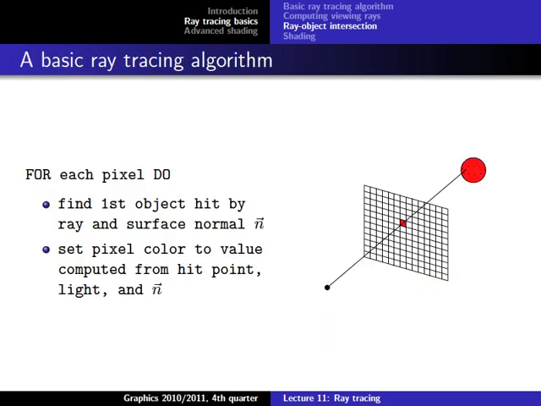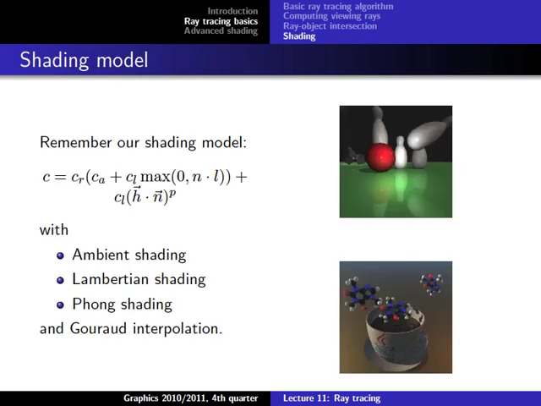Good. And then, so we know how to calculate the ray, how to calculate the intersection point, how to calculate the normal at this intersection point, and then we just have to put some color onto it. And the first and straightforward thing is the one that we already had before, and I'm not going to repeat that because I think this is something you should really know because you did this also in the practicals.